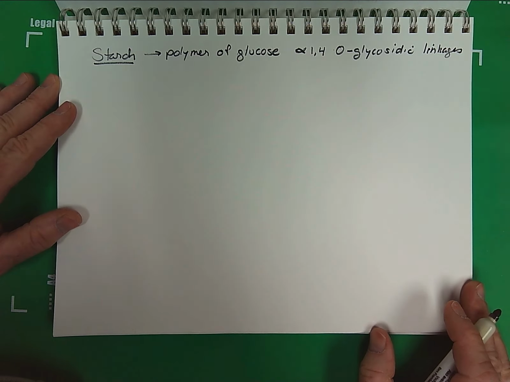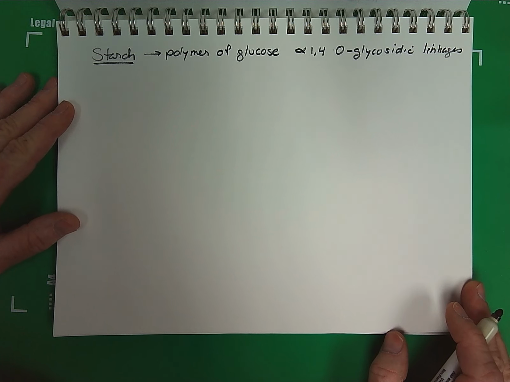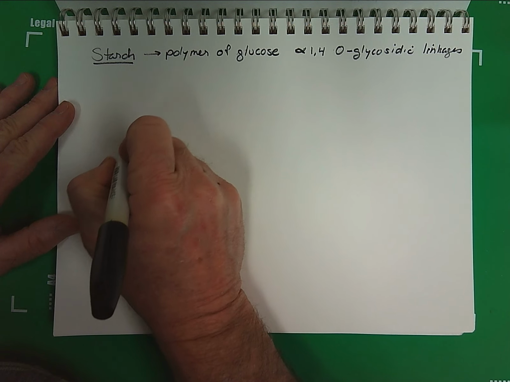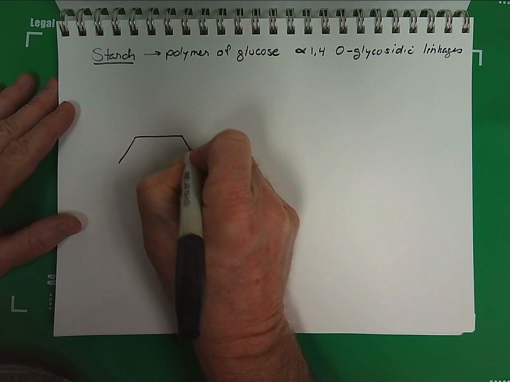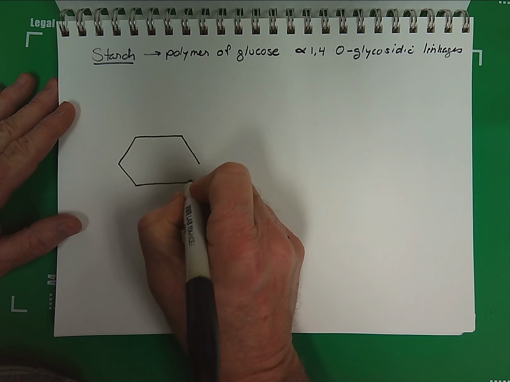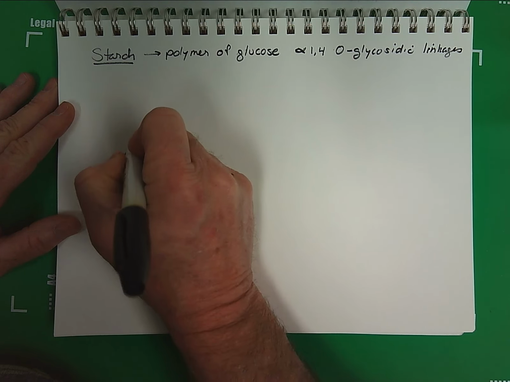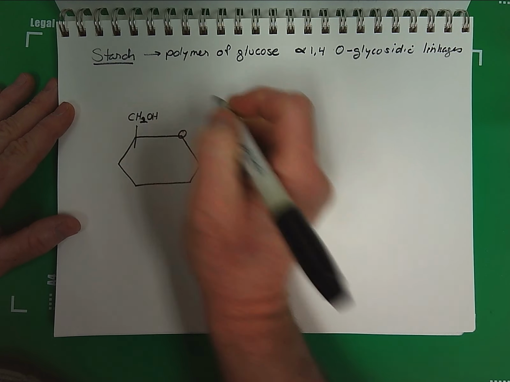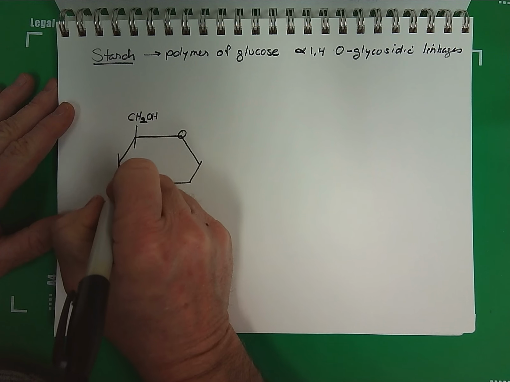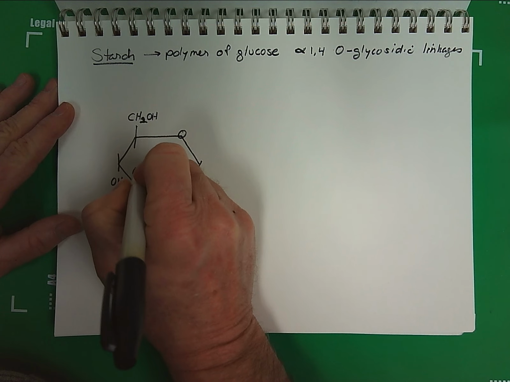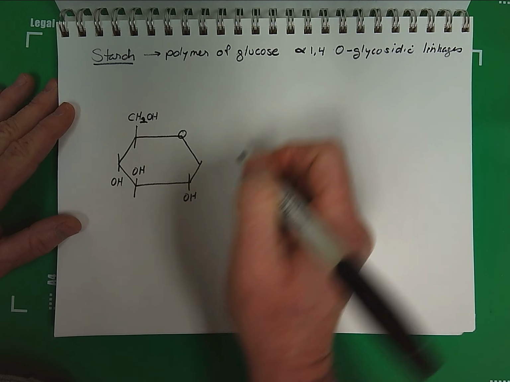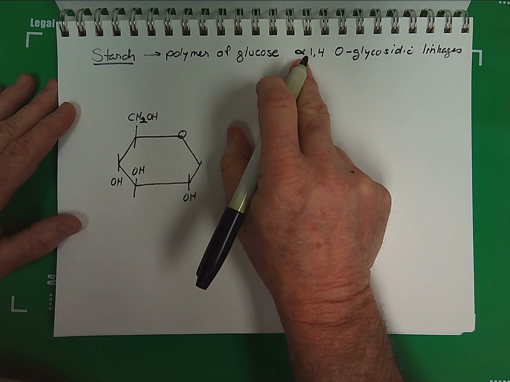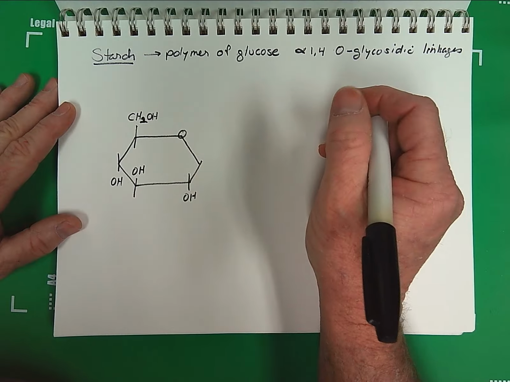Now, what is an alpha-1,4 O-glycosidic linkage? So let's draw our glucose molecules together. Here's our oxygen, our number 6 carbon faces upward. And what we need to consider is the alpha linkage between the 1 and 4 carbons.